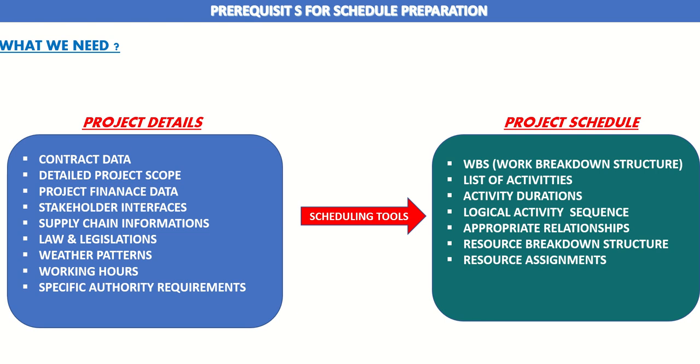The items in the list on your right-hand side are the ones you make yourself as a planning engineer to create your project schedule: your work breakdown structure, your list of activities, your activity durations, your logical activity sequence, appropriate relationships between activities, resource breakdown structures, resource assignments, and so on.